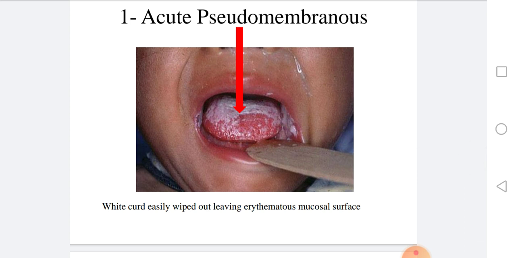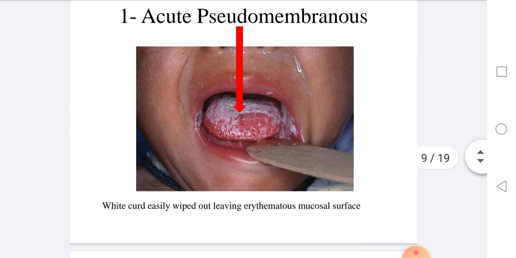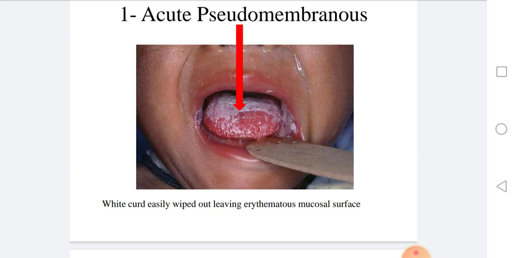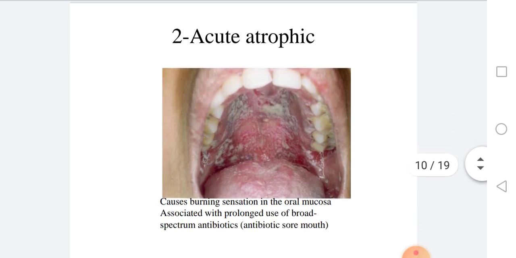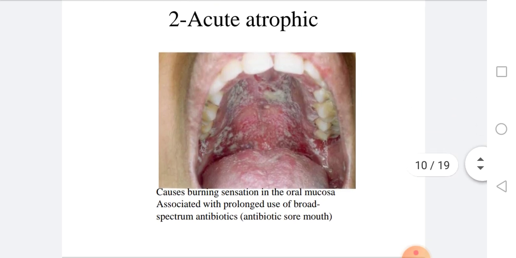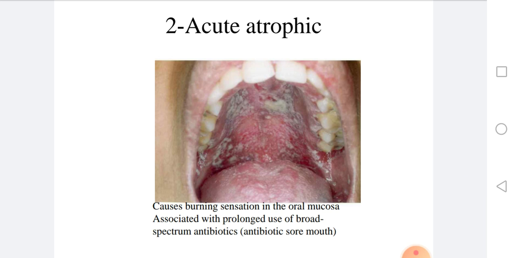This disease is common among children at the breastfeeding age who are bottle fed, and also can occur in other people who have the predisposing factors. Acute atrophic.